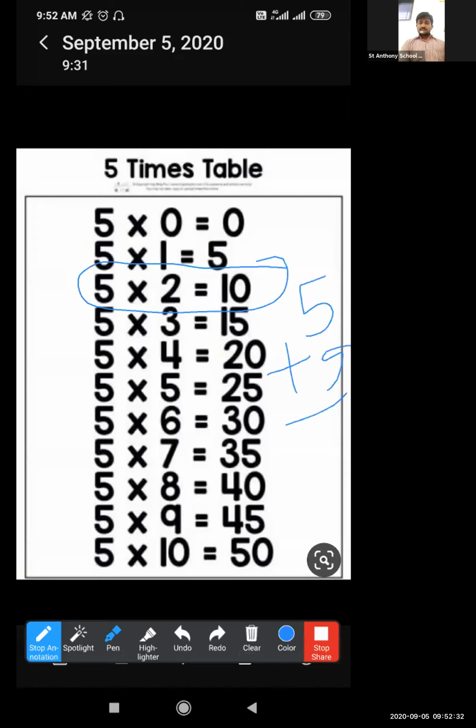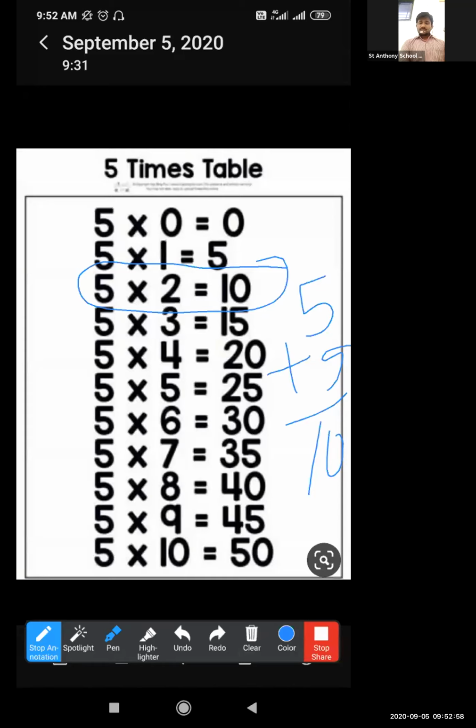See, we have added 5 here 2 times, isn't it? So 5 plus 5, what answer will you get? 10, right? That means 5 into 2 is equal to 10. If you add 5 two times, then you will get answer 10.